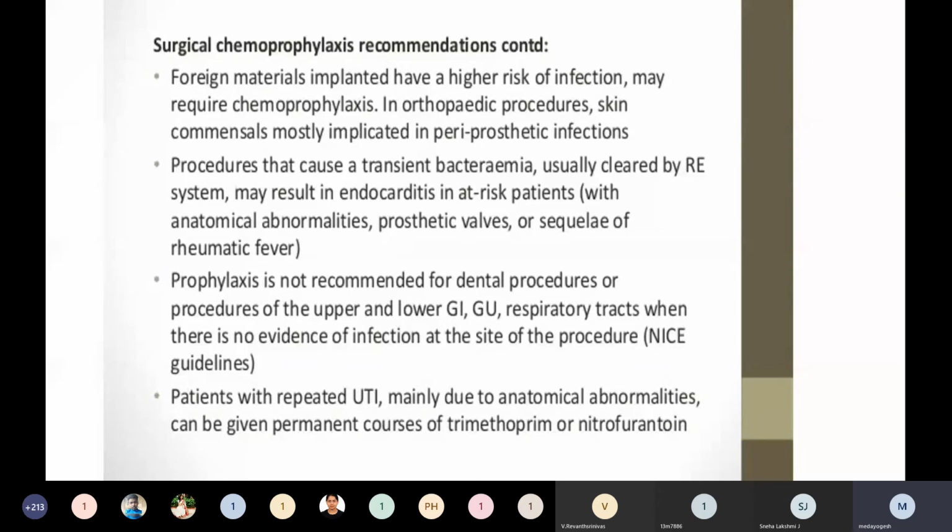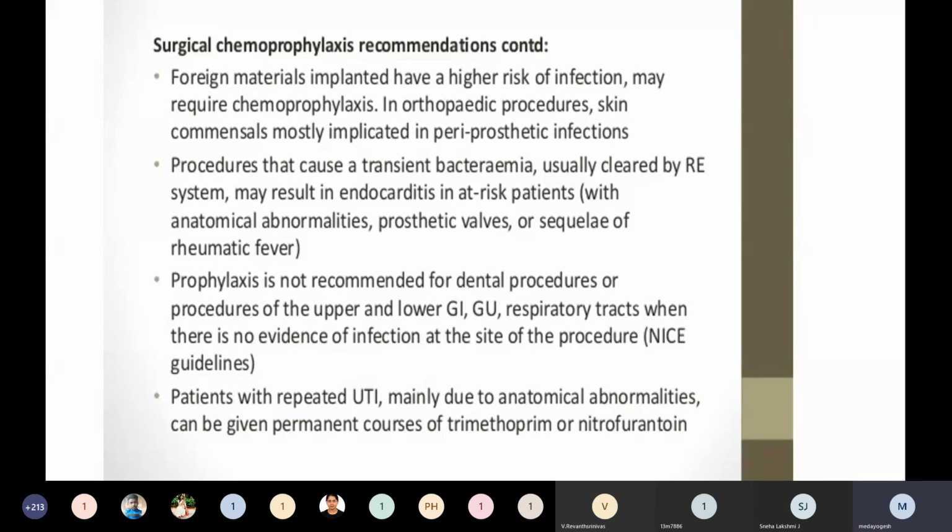Skin commensals are mostly implicated in periprosthetic infections. Any procedure that causes transient bacteremia, usually cleared by the reticuloendothelial system, may result in endocarditis in at-risk patients.